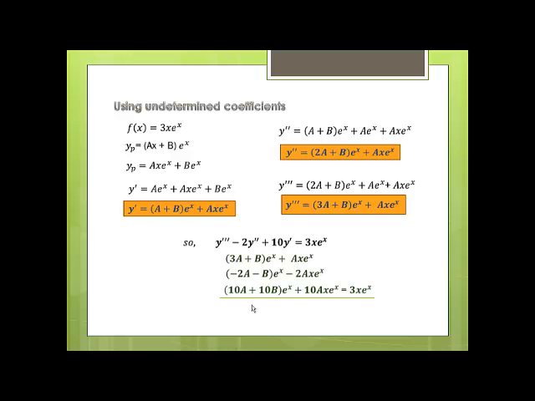So through elimination we have 9a plus 9b times e raised to the power of x plus 9a x e raised to the power of x is equal to 3x e to the x. In here, I just use a simple elimination method to arrive at this equation.